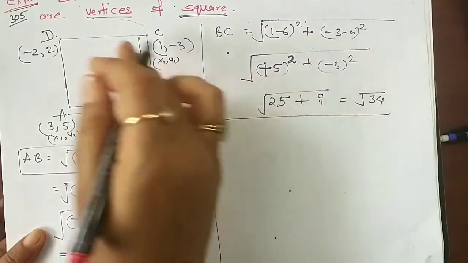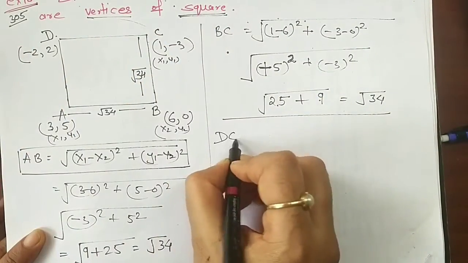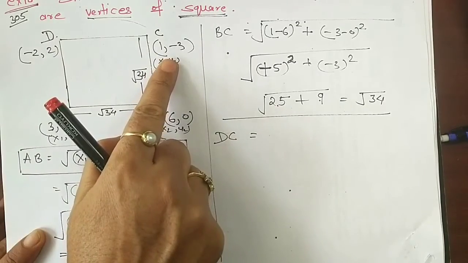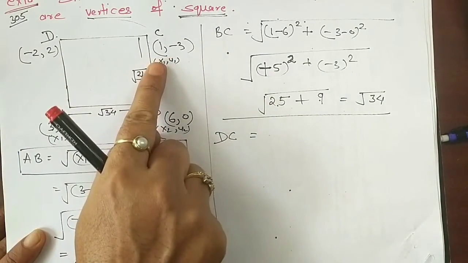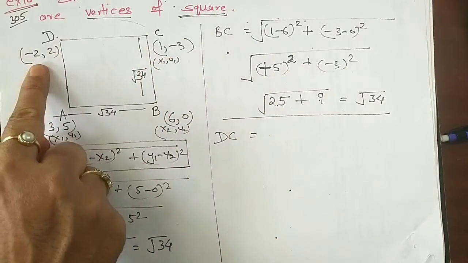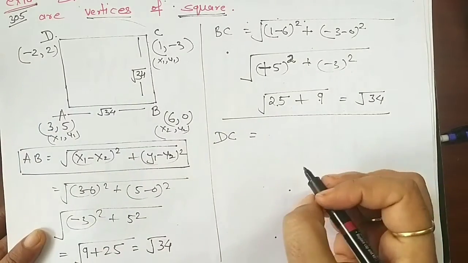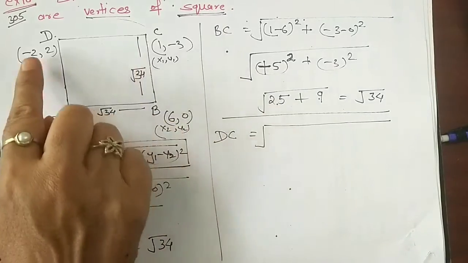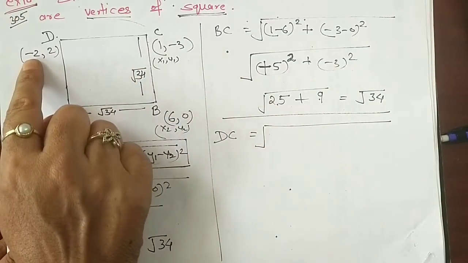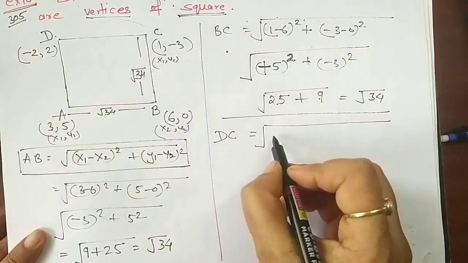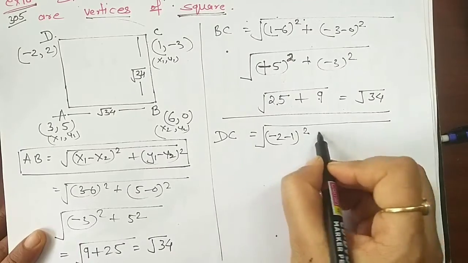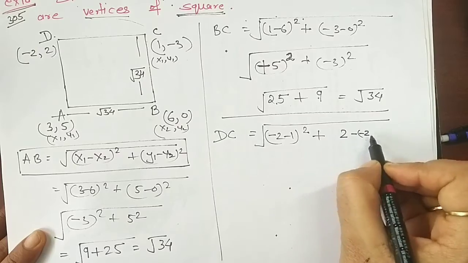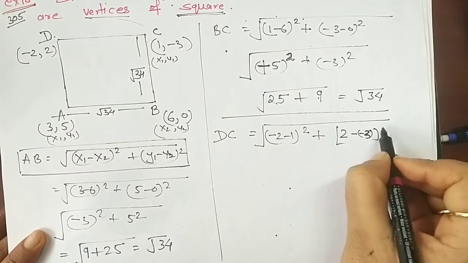अब मुझे क्या निकालना है नेक्स्ट? DC. तो लेट मी चेक DC. सपोज दिस इज x1 y1, दिस इज x2 y2. आप उल्टा भी ले सकते हैं. आप x1 y1 इसको x2 y2 लीजिए, आपको तब भी करेक्ट आंसर ही मिलेगा. सो दैट इज द ब्यूटी ऑफ दिस फॉर्मूला. ठीक है, तो आई एम टेकिंग x1 y1 x2 y2. तो (-2 -1) स्क्वायर, then (2 minus of -3) square.